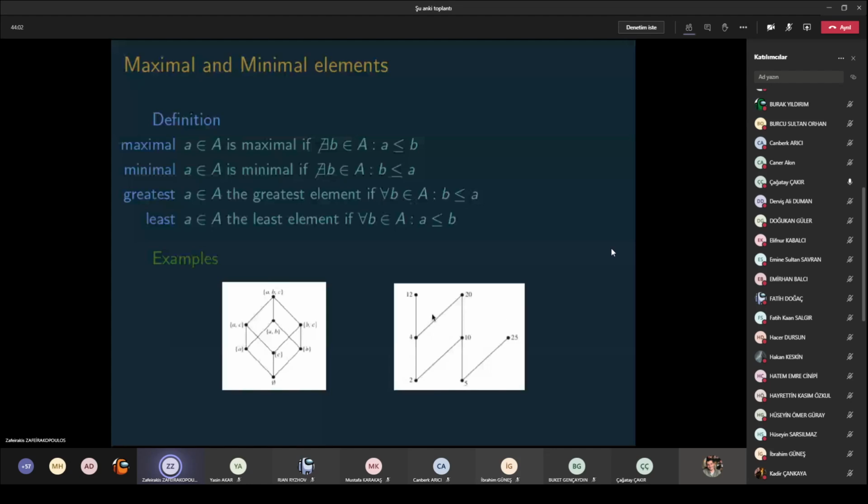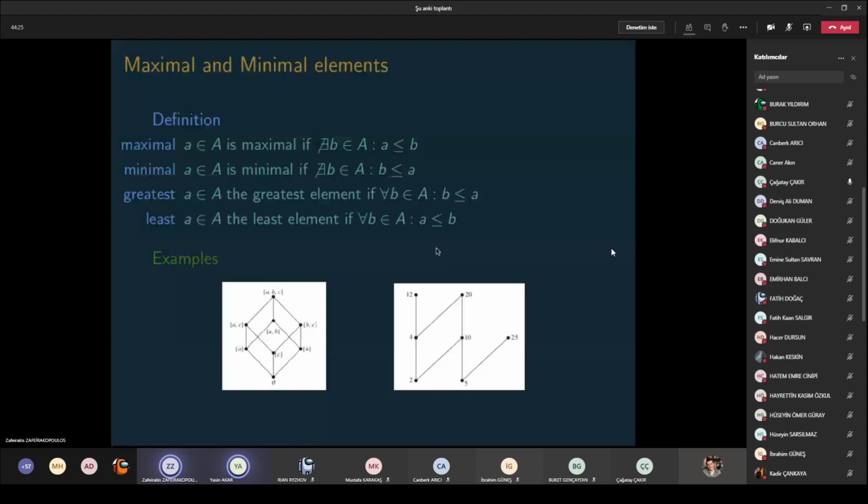We also do not have a least element here because 2 and 5 are minimal, but none of them is smaller than the other. So there is no single element such that all others are larger. Right? Okay. So there should be a line between the two elements, right?